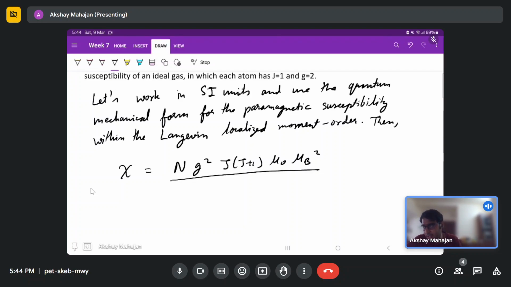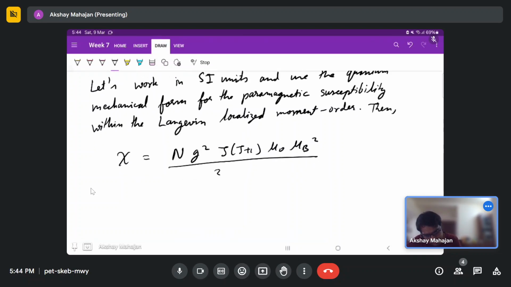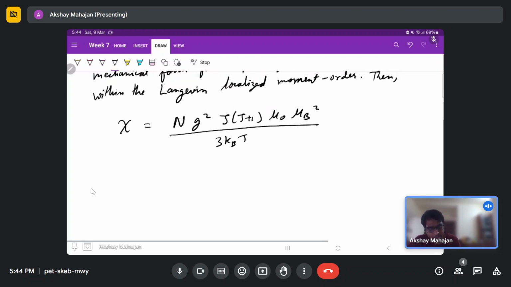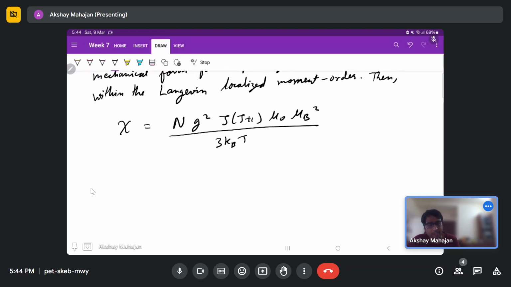That is just a universal constant, mu naught. If you multiply it by mu naught, and all the other constants are also in SI units, then your susceptibility will be unitless.